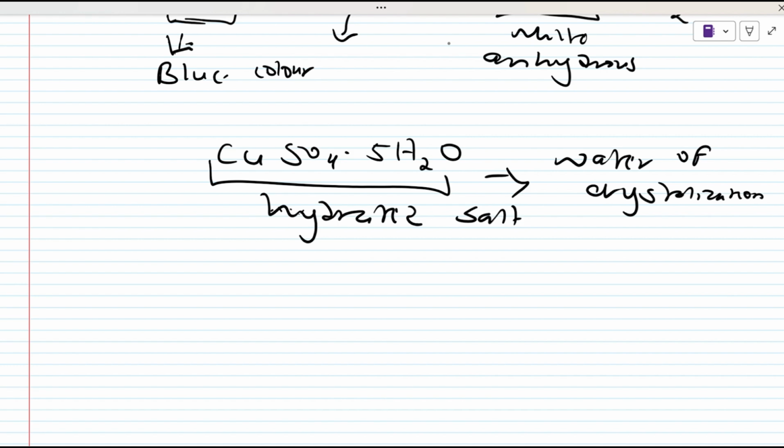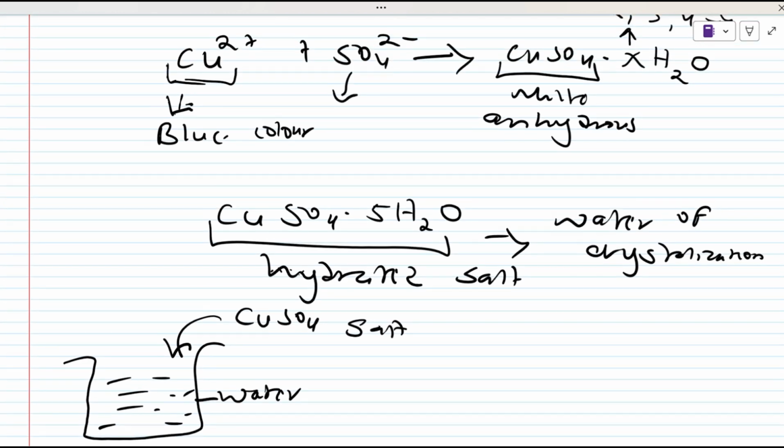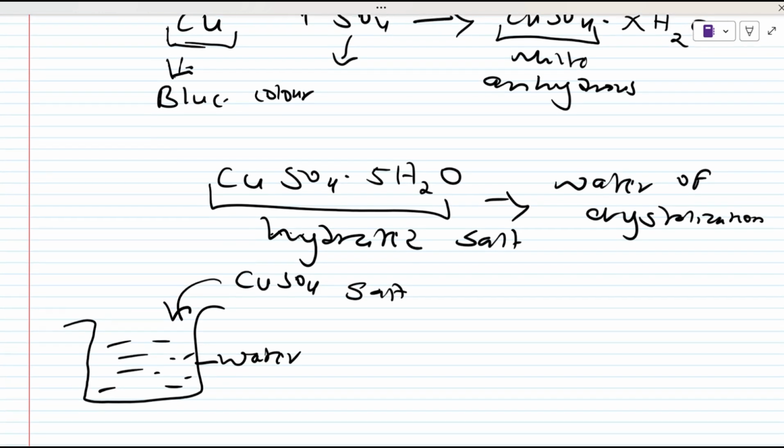So I'm simply going to have my beaker. In my beaker, I'm going to have water. And into it, I'm going to add copper sulfate salt, whether hydrated or anhydrous. The key thing you have to know is that the anhydrous form is white, the hydrated form is always blue.